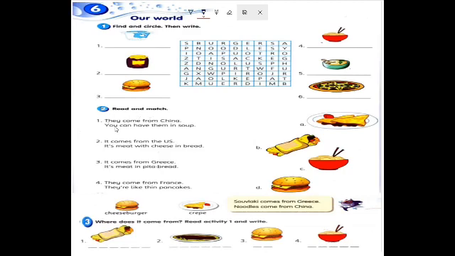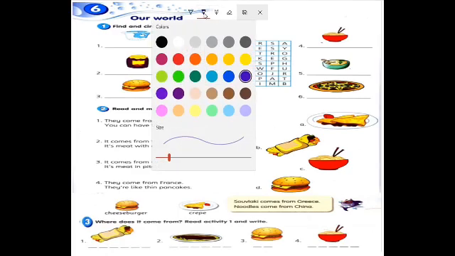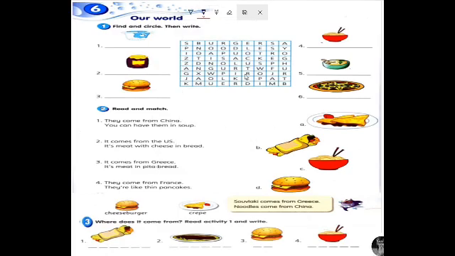Okay, for number 2, you just read the description and write down the answer. Is it A, B, C or D? And for number 3, you have to spell out the name of the country for the food. Okay, let's try and do it together. Number 1, the instruction is find and circle.